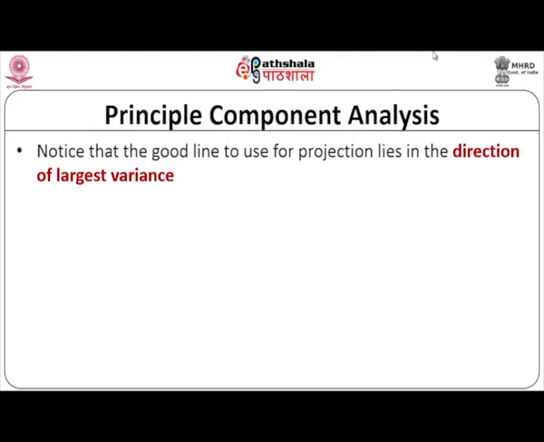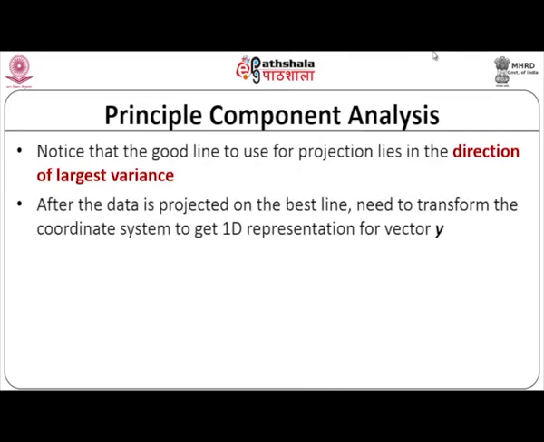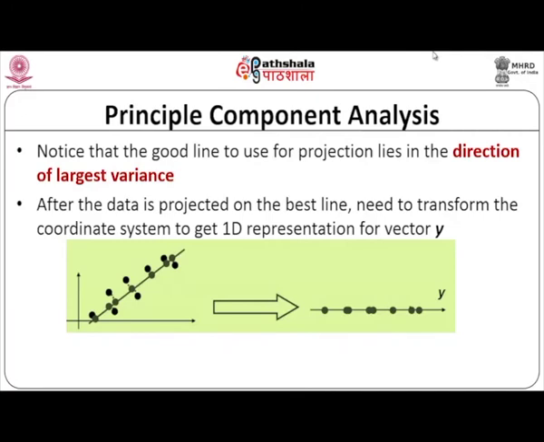Now, notice that the good line to use for projection lies in the direction of the largest variance. So, if you take a line in the direction of largest variance, that will give you the good line for projection. After the data is projected to the best line, you need to transform the coordinate system to get the 1D dimension. For the example we used, that is the 1D vector y. So, you have to get the line and then project onto it.